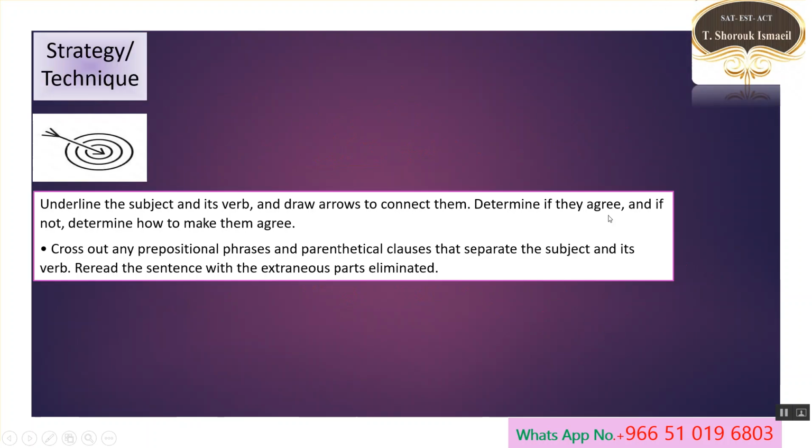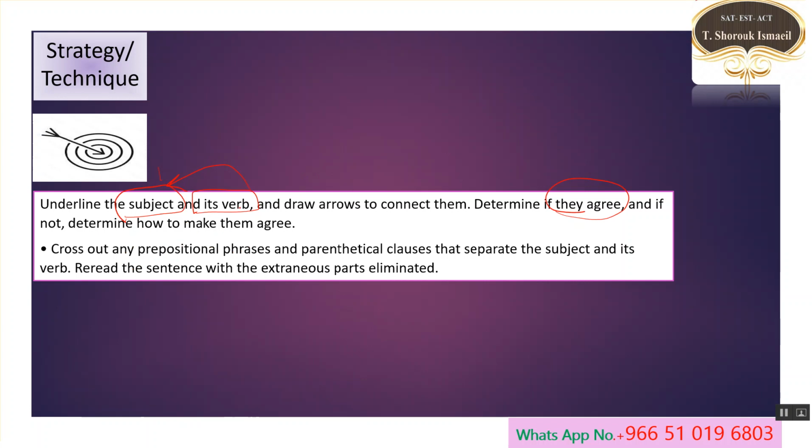So my strategy or technique: the first thing I need to do is to underline my subject, and its verb, of course. When I underline, I start to draw an arrow to connect them together, and I determine whether they agree or disagree together, whether they are singular or plural.